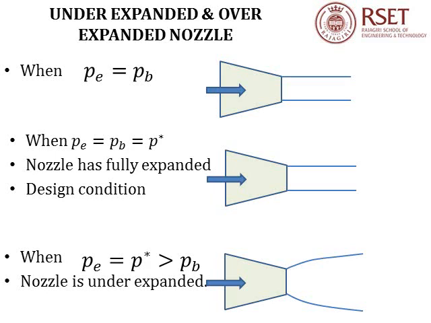When the back pressure is reduced to a value less than the critical pressure, we see that the nozzle is expanded in a different manner. That is, there is a sudden expansion at the exit of the nozzle, even though the nozzle is choked and we have Mach number equal to 1 at the exit.